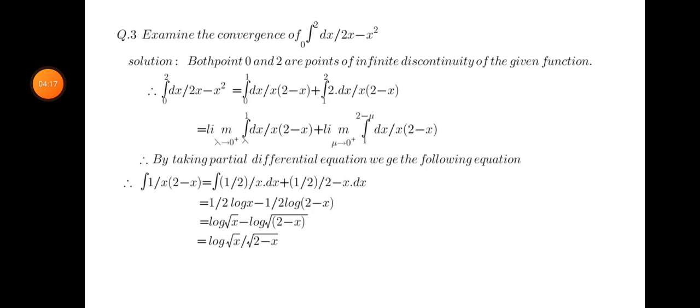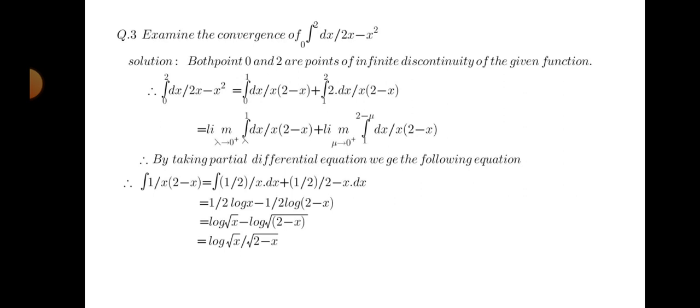Let us move on to example number 3. Examine the convergence of the integration of 1 by 2x minus x square from 0 to 2. Let us see the solution. Both points 0 and 2 are points of infinite discontinuity of the given function. Here in this example, the infinite discontinuity is at both ends.